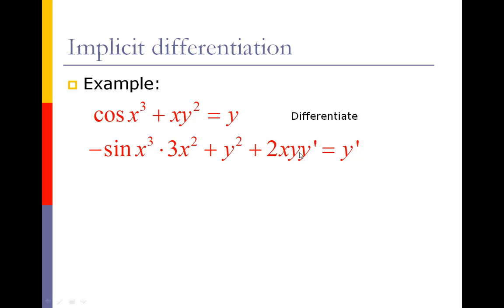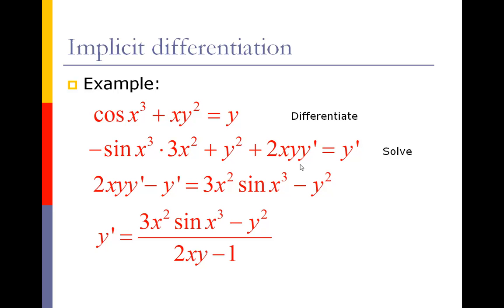Now notice that y prime only appears with power 1, only on the outside, and therefore we can solve this equation by simply isolating y prime. We use the usual procedure of putting all the terms with y prime on one side and all the terms without y prime on the other side, and then we factor out the y prime on the left hand side and divide by what is left over from the factoring, thus giving us the formula for y prime.